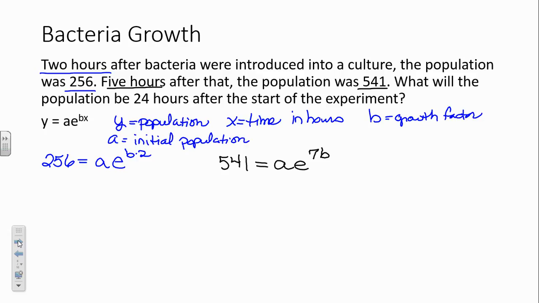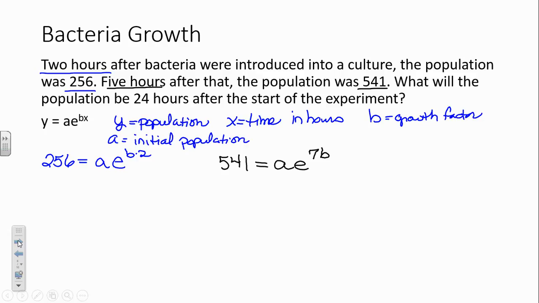So how do we figure out what A and B are? You have two equations and two unknowns. What can you do? Basically try to solve for one variable and substitute it in, right?